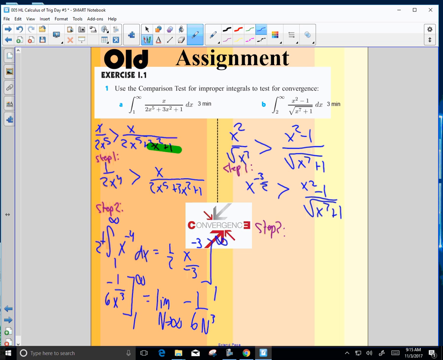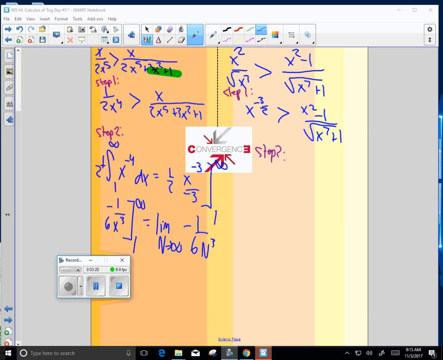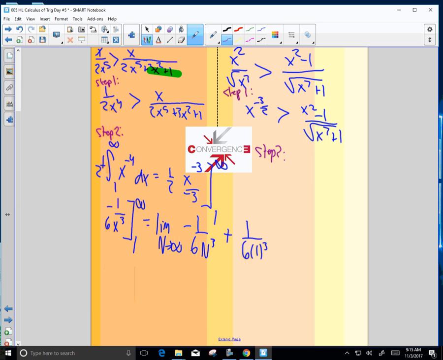This is how we handle the infinity properly. And then it's going to be minus a negative 1 over 6 times 1 cubed. Well, what does this go to? This goes to 0. And what will this be? 1/6.